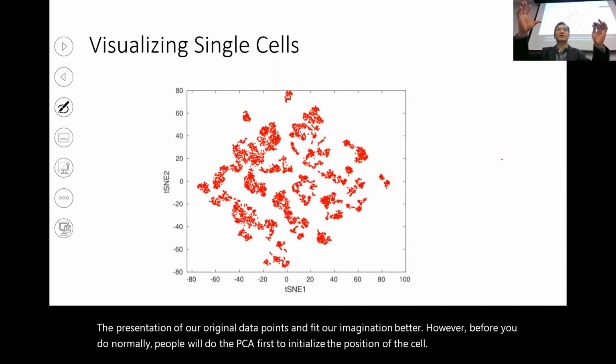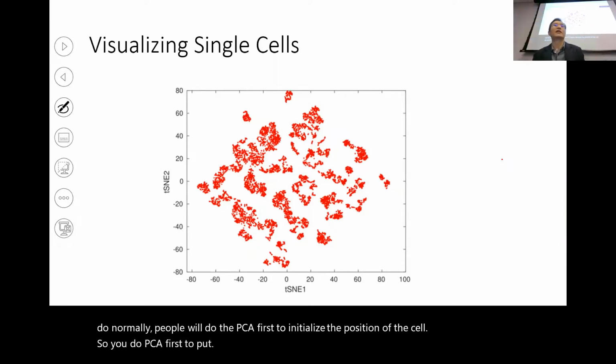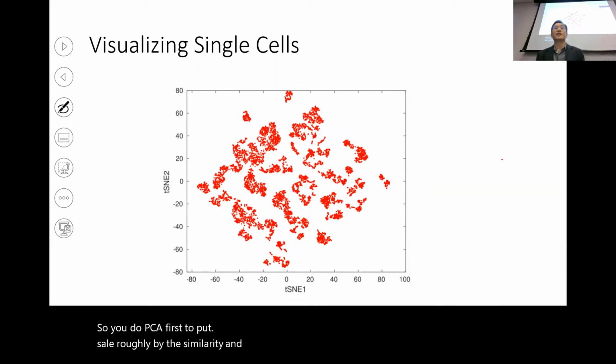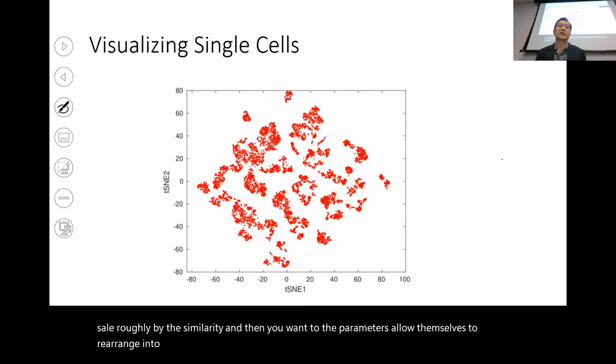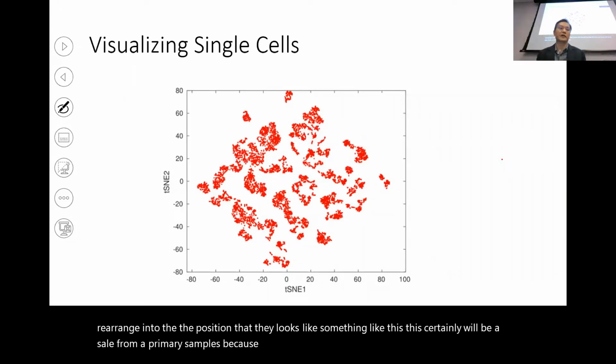So you do PCA first to put cells roughly by similarity, and then you fine-tune the parameters, allowing them to rearrange into positions that look something like this. This certainly would be cells from primary samples because they are different types and there is a lot of heterogeneity in this data.